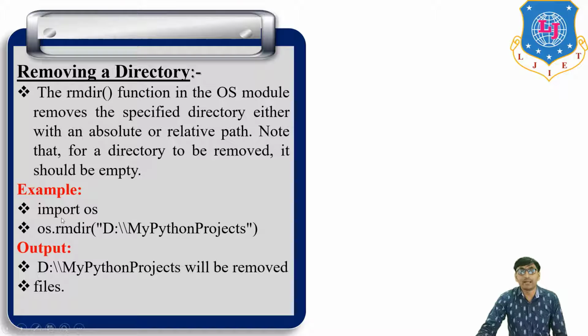For example, import os, then os.rmdir, which removes the MyPythonProjects directory in the D drive. If we run this program, MyPythonProjects will be removed from the D drive.